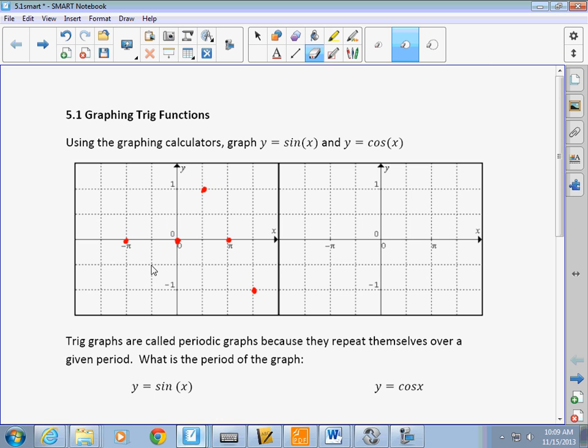I forgot these are at halves. So these should be at -1 and +1. Pretend that actually touched. And then if we were to continue, it would go back to 0 in both of those.